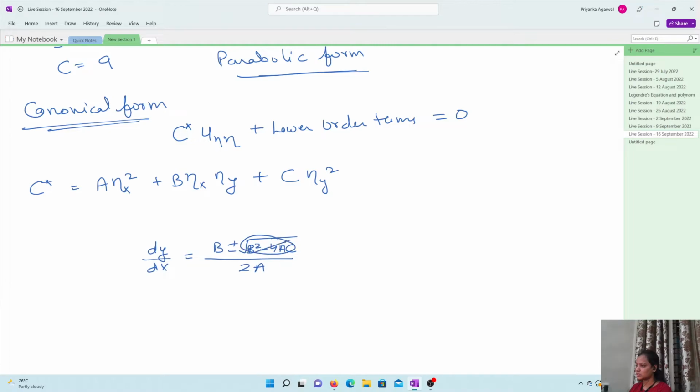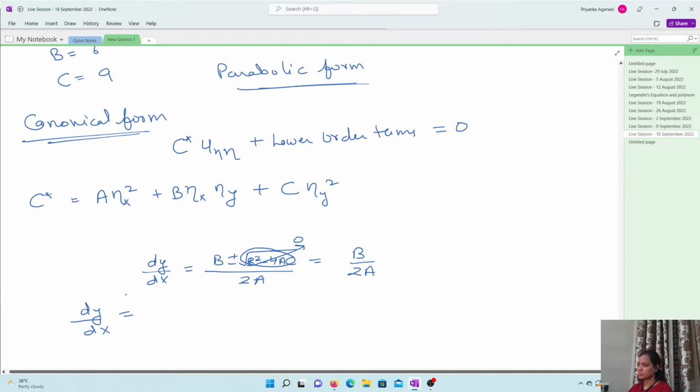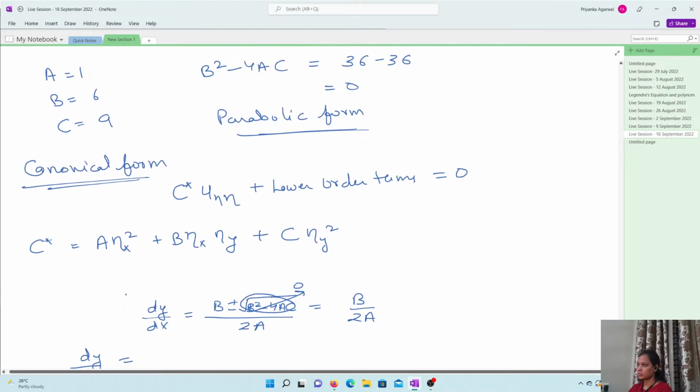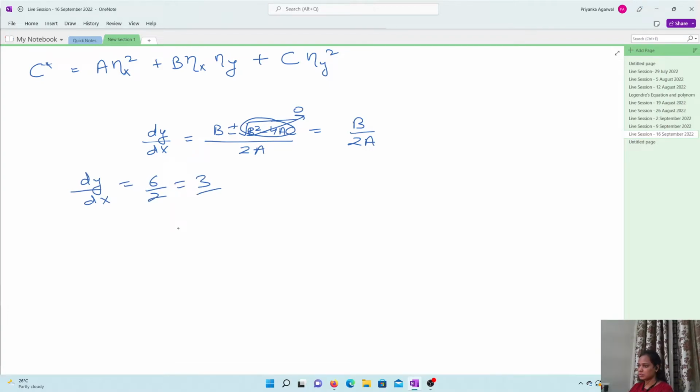Now this is 0, therefore this becomes b over 2a. So dy by dx is 6 over 2, which is 3. So dy can be written as 3 dx.